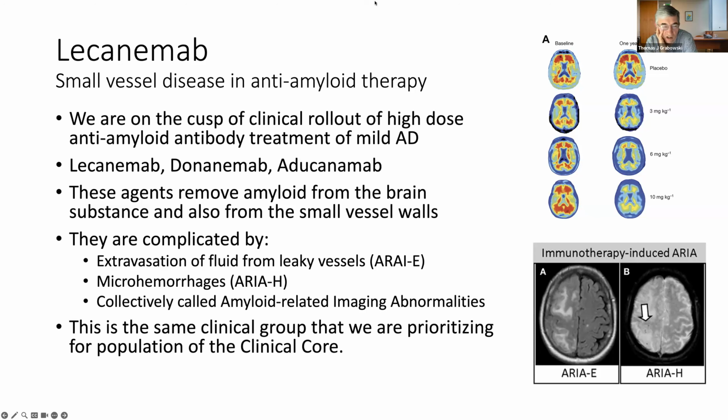There's this acronym ARIA, amyloid-related imaging abnormalities, but ARIA-E is the edema version, and then microhemorrhages around these small vessels, the ARIA-H version, are well-recognized risks of this high-dose antibody therapy.